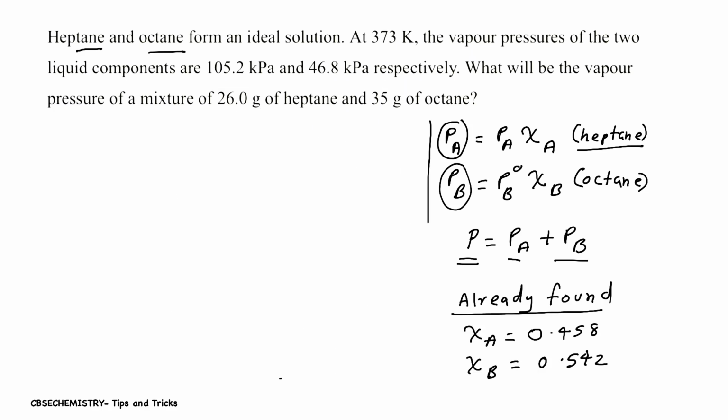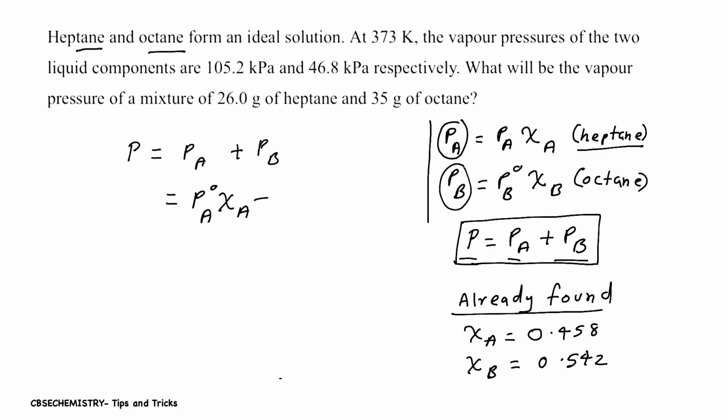Hope you understand. Okay, now moving to the last step, we are supposed to find the total vapor pressure of the solution, right? So what is that? P is equal to PA plus PB. Now what is PA? PA is PA standard chi A, and what is PB? PB standard chi B. What is PA standard?